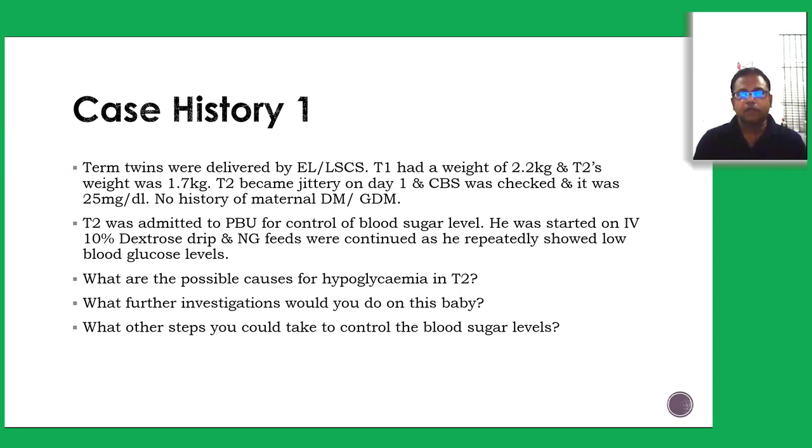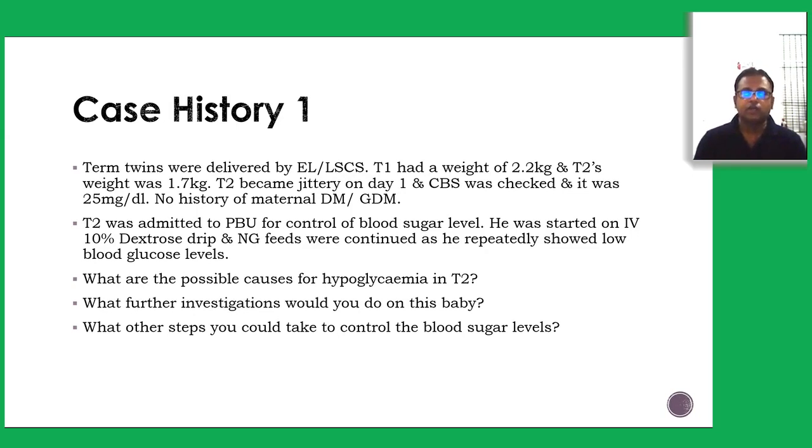Then, if the sugars are not maintaining, you can increase the fluid you are giving, that is, up to the next day's amount, right? But if the sugars are still coming down, then you can go for higher concentrations of dextrose, like 12.5% or 15%.